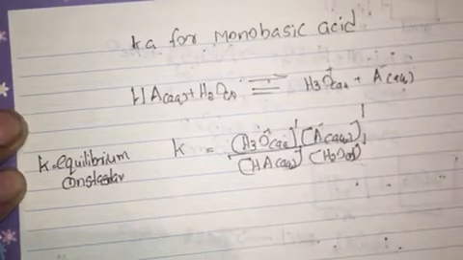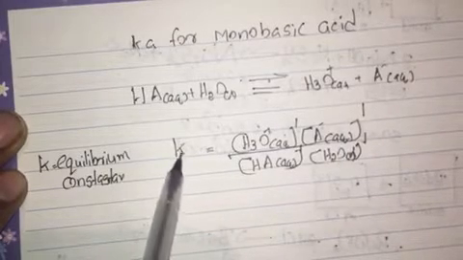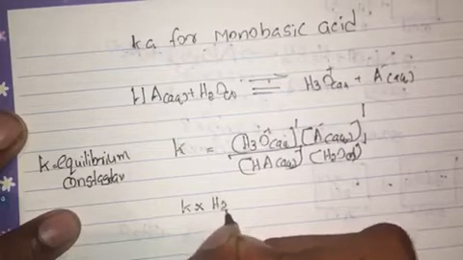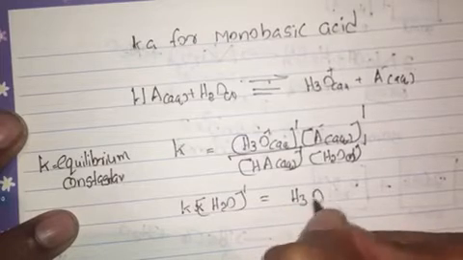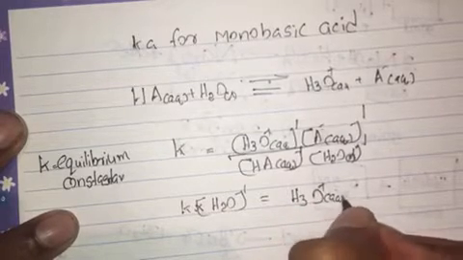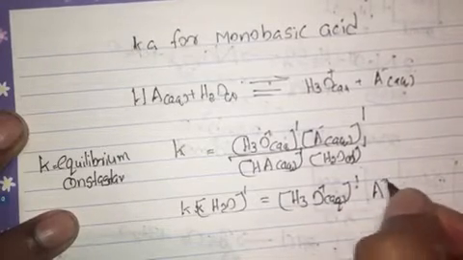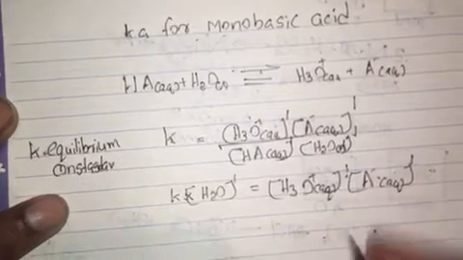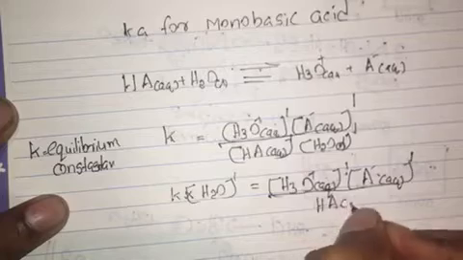Now we can simplify this: H2O multiplied from K, K into [H2O] equals [H3O plus](aq) [A minus](aq) over [HA](aq).